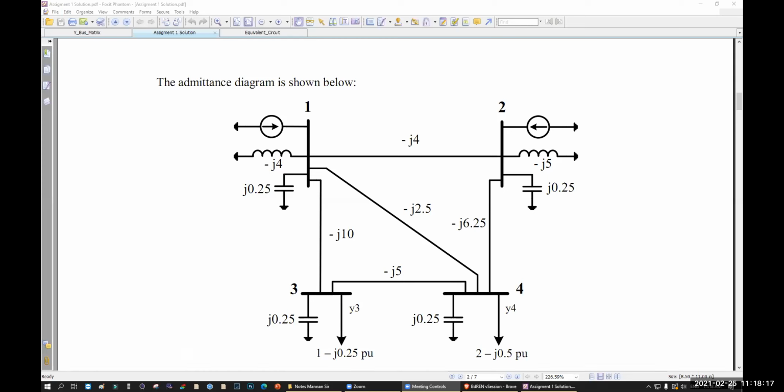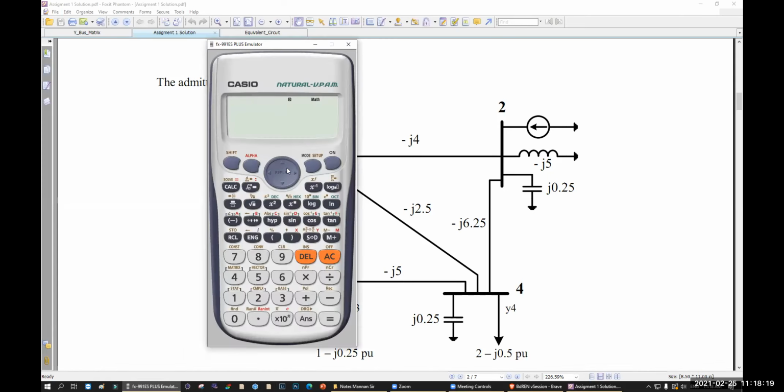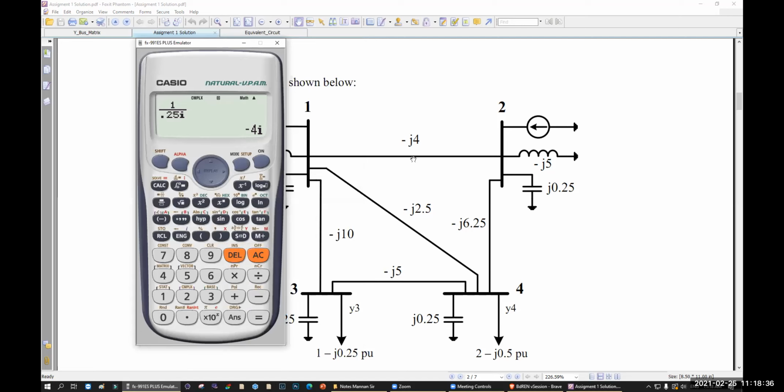How do I know that? See, go to the complex number 1 divided by 0.25i, right? Minus J4. So you have to write with minus, remember.